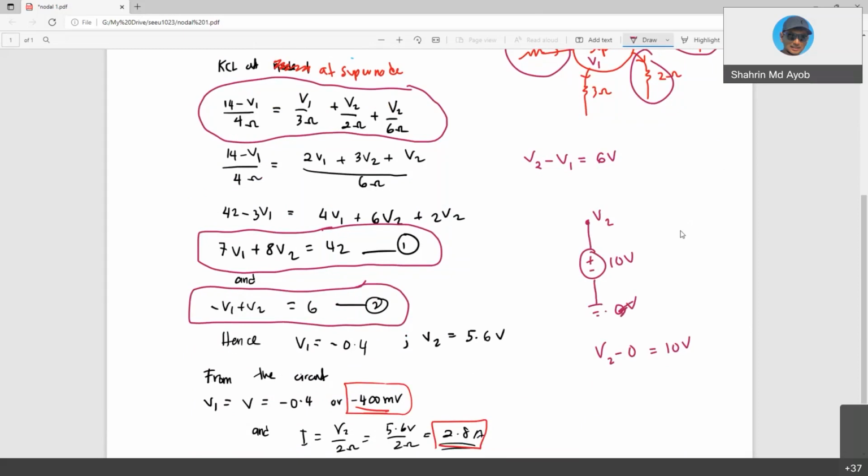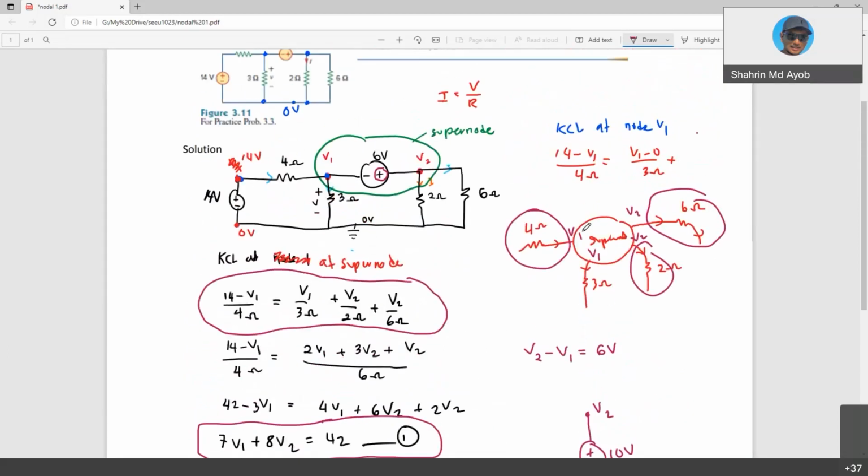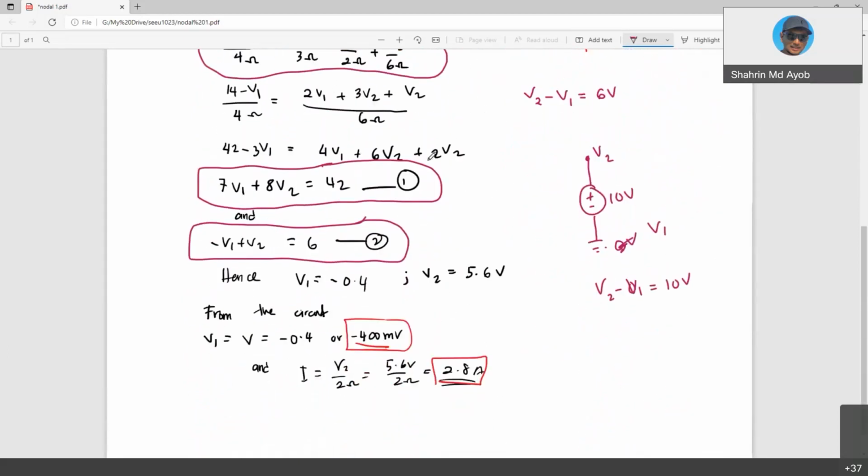If this one is V1, then V2 minus V1 equal to 10 volts. I will always write it like that. So with the first and second equations, you can use your calculator for simultaneous equations, and you will obtain V1 equal to negative 0.4 volt and V2 equal to 5.6 volts.